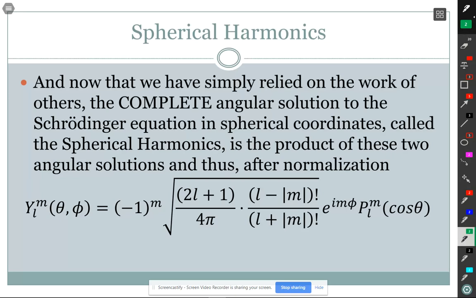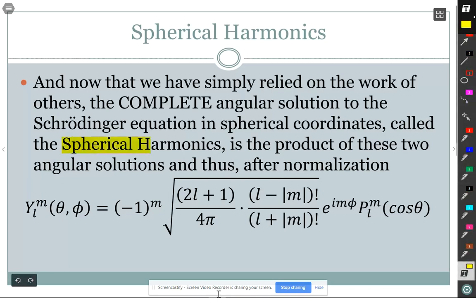It doesn't have to be a hydrogen atom, but that's the case we care about. For any central force, your angular distributions are going to have these, what we call spherical harmonic functions. So let me highlight the word spherical harmonics. Actually, it's the title of the slide as well. And those spherical harmonics have this symbol.